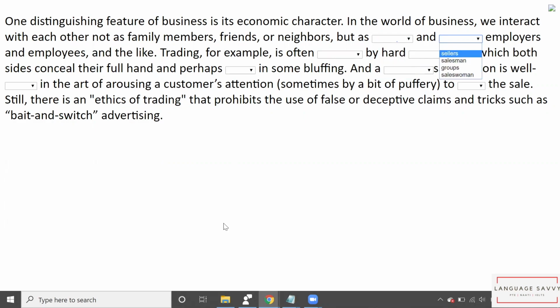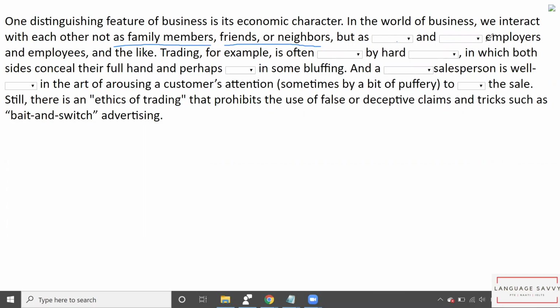When we are looking at this question, we have two simple hints. The first one is that we are actually talking about two scenarios. He's saying that in the world of business, we don't talk with each other as family members, friends, or neighbors, right? But we talk as dash and dash.